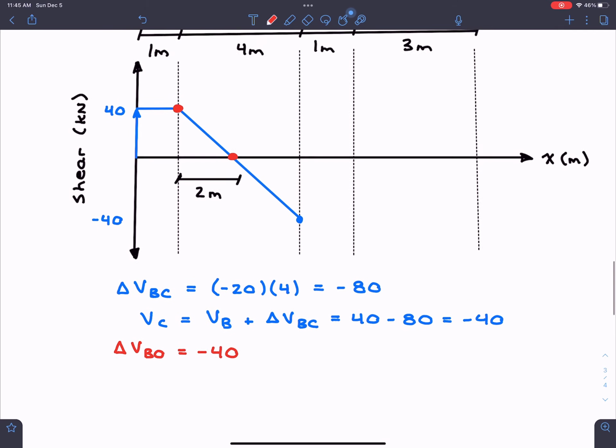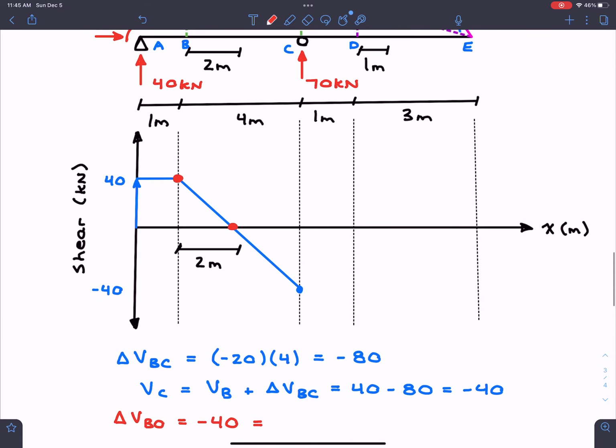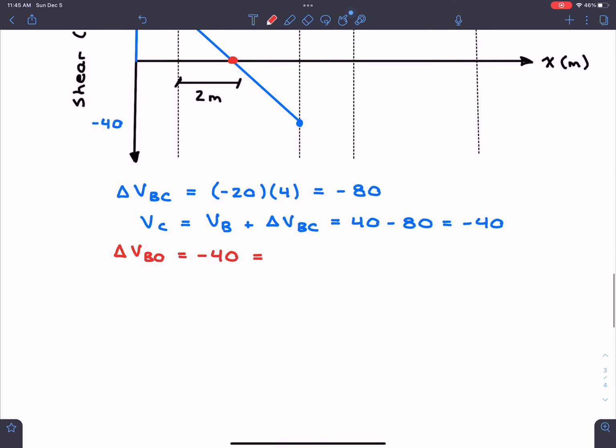Now we also know that this right here is equal to the area of our distributed load. So as we can see, the height of the distributed load is always going to be constant. It's going to be that 20 kilonewtons per meter. So this is going to be equal to negative 20, and then we need to figure out the base of the distributed load.